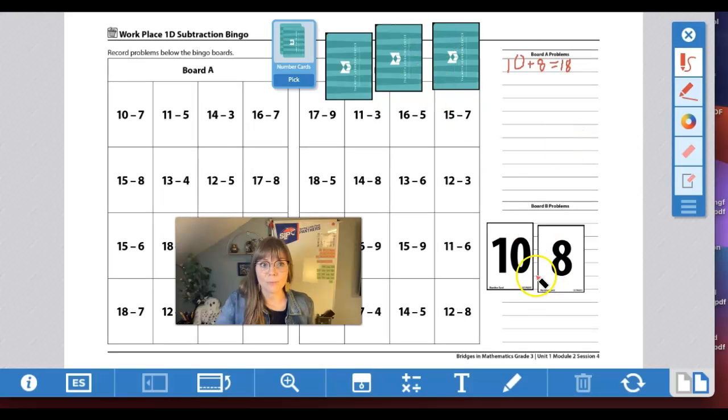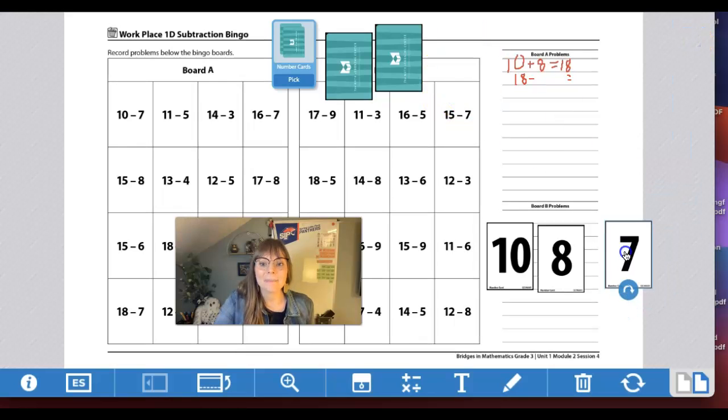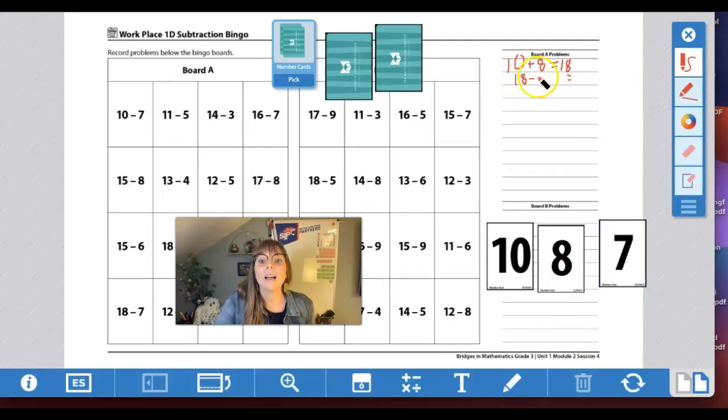Now I need to choose one more card to subtract from that number. So 18 minus blank equals, let's see what card I pick. Ooh, 18 minus 7. Well, I know that 18 minus 8 equals 10, so 18 minus 7 equals 11.